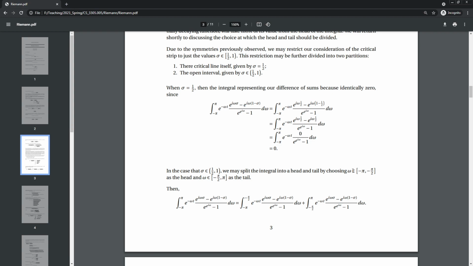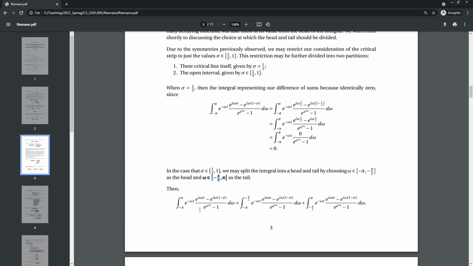So we're going to choose omega in the domain of negative pi to negative pi over 2 as the head, and then the last 3/4 of its domain, from negative pi over 2 to pi, will be the tail. Most of what we need will happen within these values for omega, and everything else we can show to be dismissible.